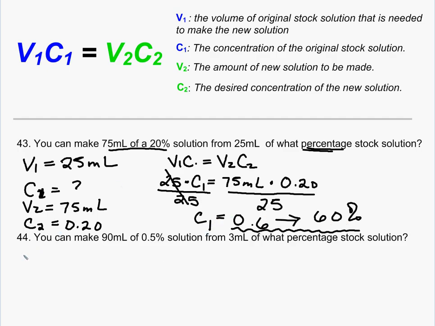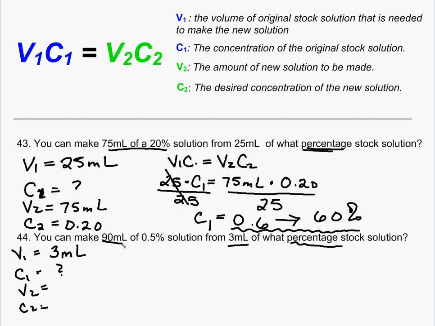And our last question, number 44, you can make 90 milliliters of 0.5% solution from 3 milliliters of what percentage stock solution? So writing that down, I'm going to look at my stock solution first, and they say I have 3 milliliters of that, and I don't know the percentage, so C1 is my variable.